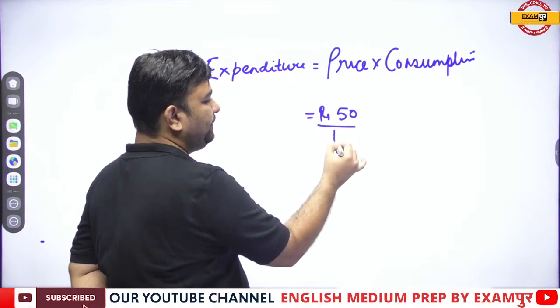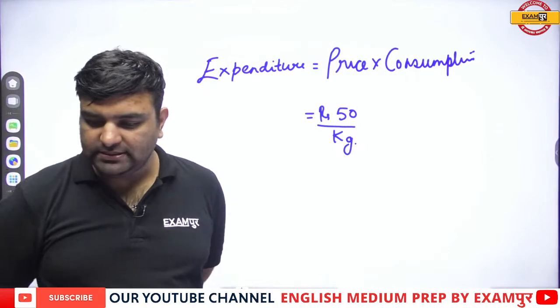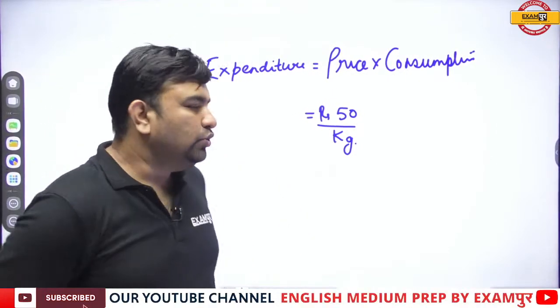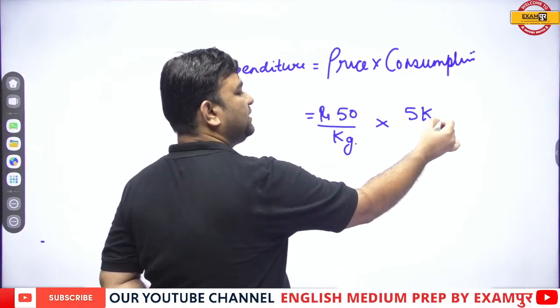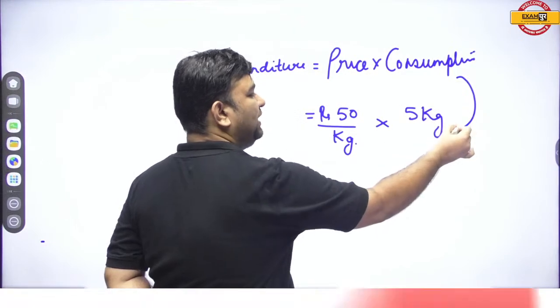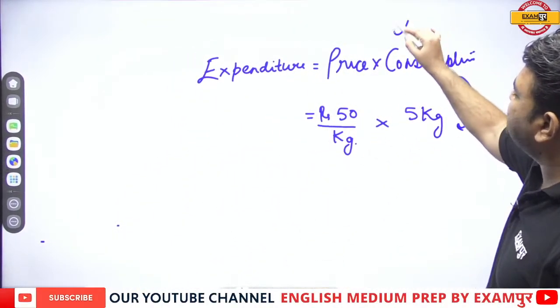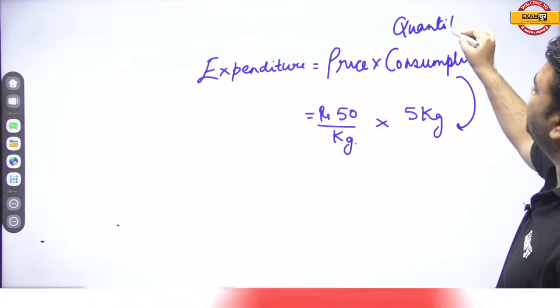Can I say this is the price? 50 rupees per kg is the price. And you decided to buy 5 kg. So this 5 kg is the quantity, which we can call consumption as well.